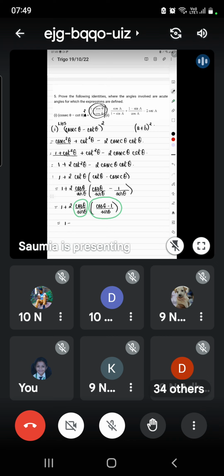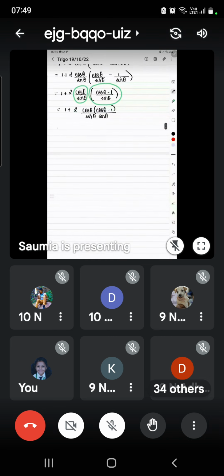I can multiply both the numerators together and both the denominators together. Then what will I get? 1 plus 2 into, open the bracket, cos square theta minus cos theta upon sine square theta.